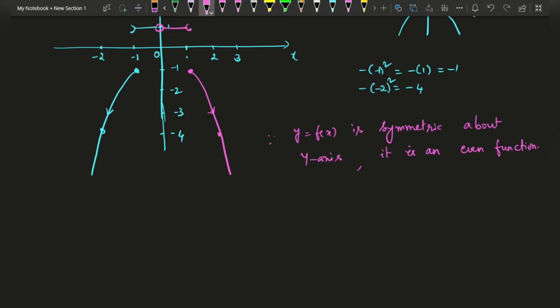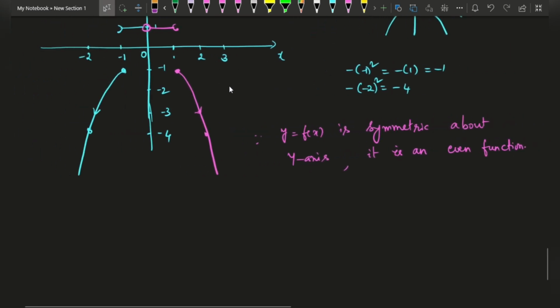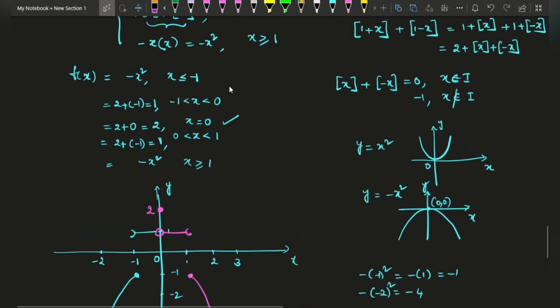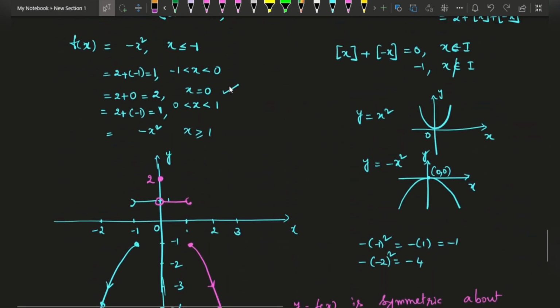That's it. Therefore, f of x is an even function. So each and every even function is symmetric about y-axis.